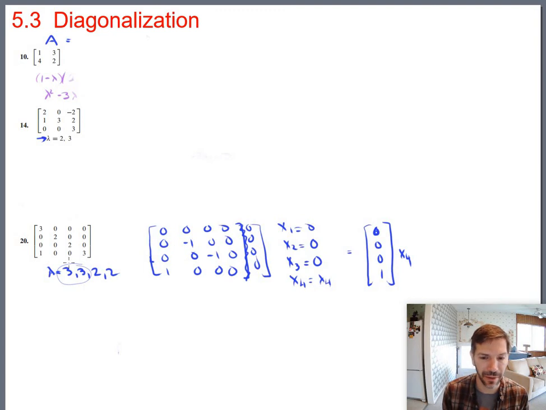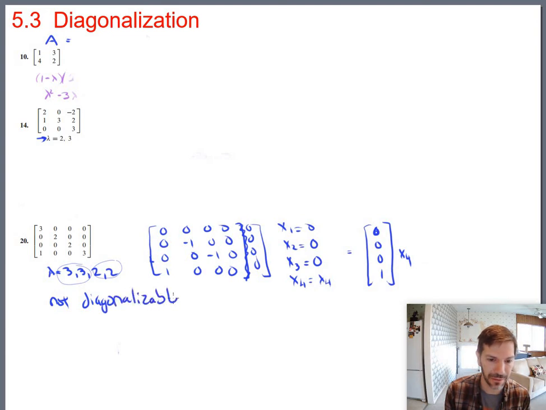So that's already out. It turns out if you start with the 2's, you do actually get 2 free variables, and you'll get 2 distinct eigenvectors out of that one. And the one distinct eigenvector we get here gives us only 3. And we need 4. So number 20 is not diagonalizable.